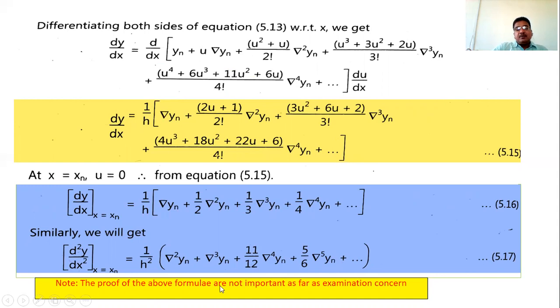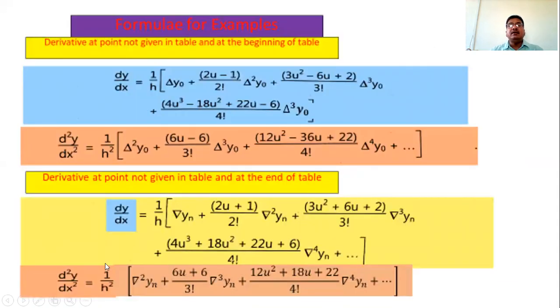The note is what? The proofs of the above formulae are not important from the exam point of view. The proofs of these theorems and formulas are not important. So for this topic, only remember these formulas. This is the first order derivative, dy by dx.